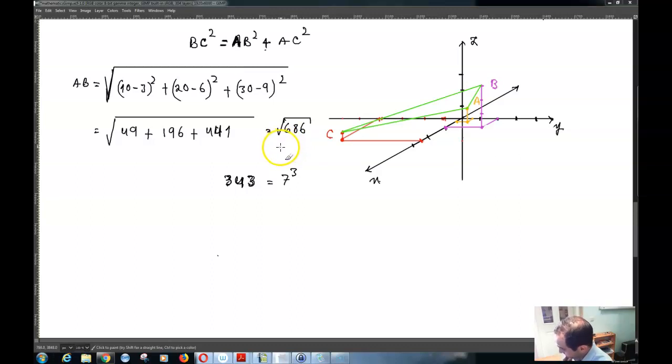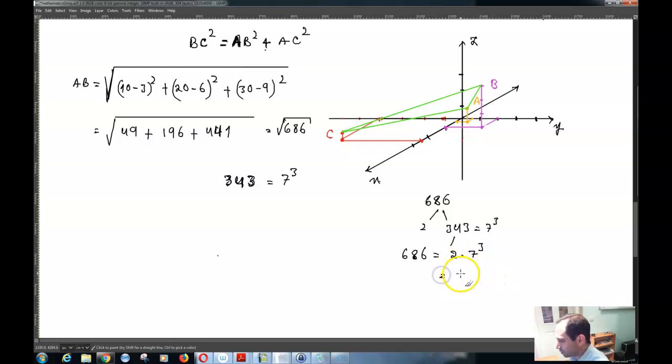But, well, now, 686 is equal to 2 times 343, and 343 is the same thing as 7 cubed. So that means that 686 is equal to 2 times 7 cubed.